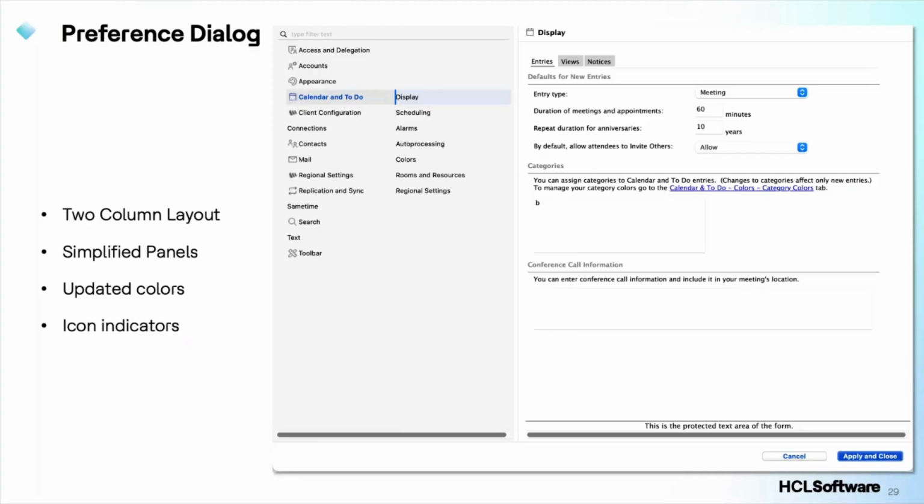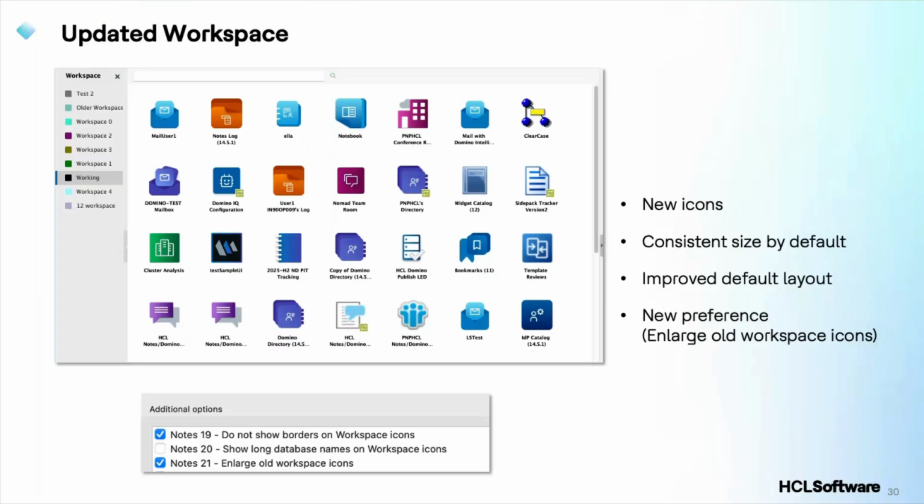So if you're looking for the ports dialog, just type in ports at the top, and it will take you to, I think it's in client configuration. There's a port section there, and then you can start changing your TCP/IP ports or tracer port or whatever. It's all still there. You just need to use the filter text at the top to find stuff that you can't find already. We've also had another go at the workspace, you'll be pleased to know, and I hear you're all cheering or groaning, one of the two.